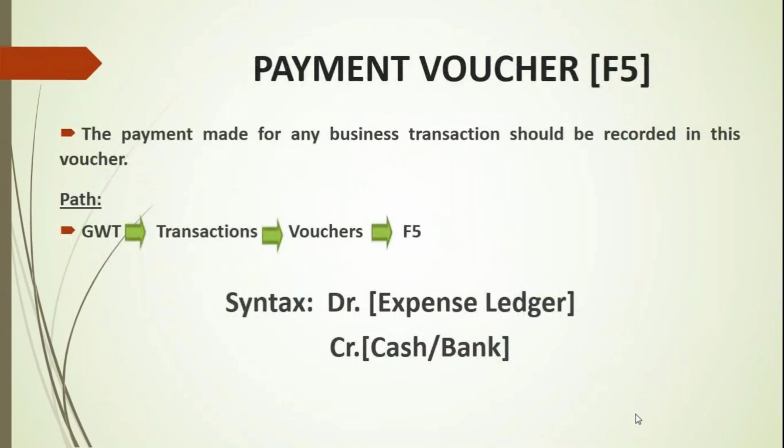Now, what about the syntax of the payment voucher? We are back to the normal positioning. As usual, first appears the debit aspect and then appears the credit aspect. So the debit aspect is the expense ledger, and the credit is the cash or bank account. Now, what is this expense?